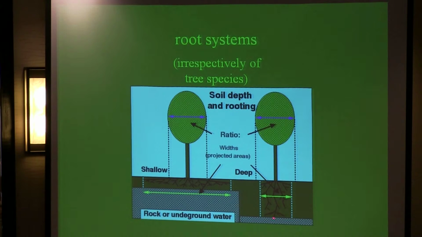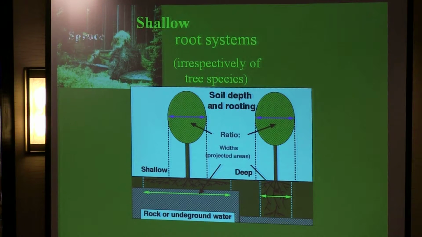Or you may have deeper soils, and then the root system is rather small, but it goes directly to the underground water level. Of course, out of this structure depends their mechanical stability as well as sensitivity to drought stress, for example. It fits to practically all species.